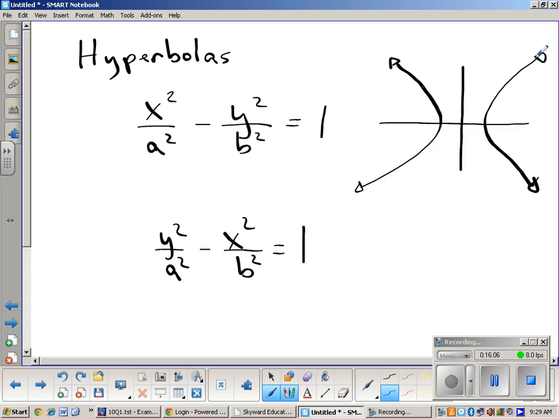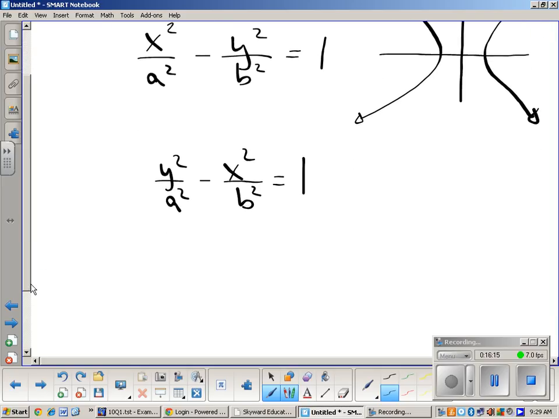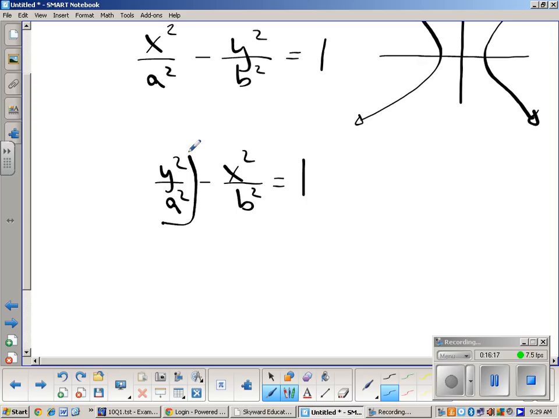And in the second one, because the y squared term is first, we're subtracting x squared from it. We're looking at this model.